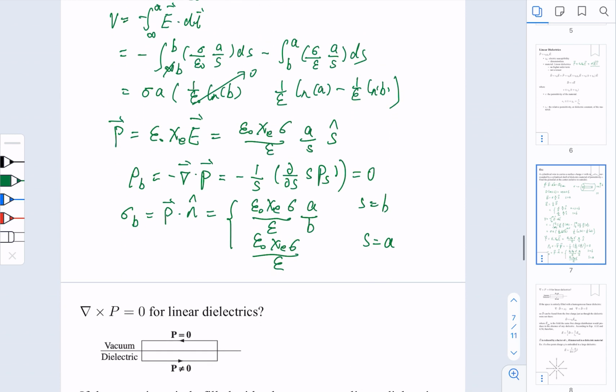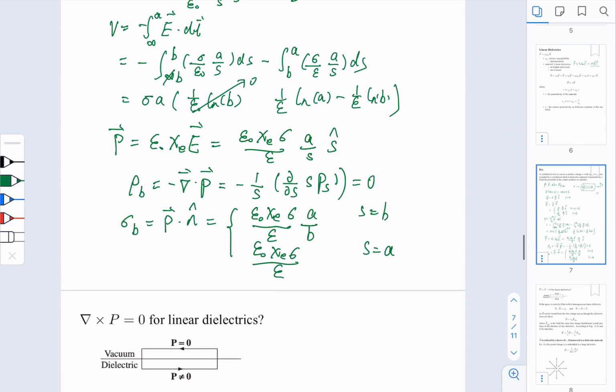Now we have seen many times that del cross P seems to happen to be zero in linear dielectrics. Is that always the case? Are there any exceptions?